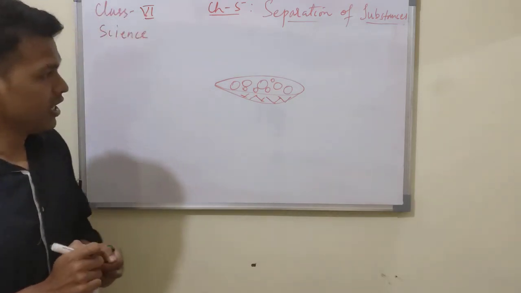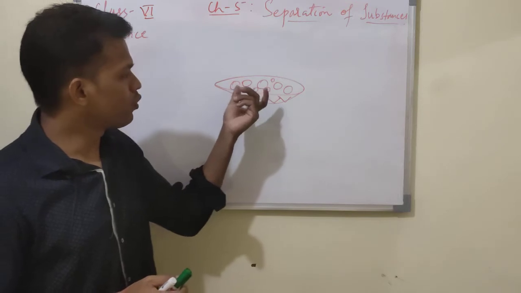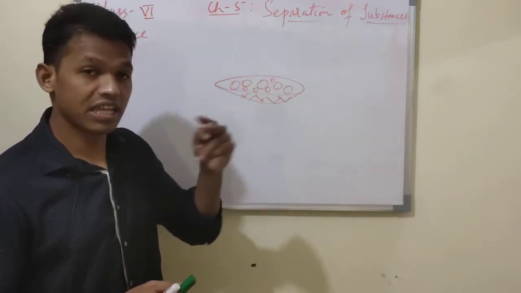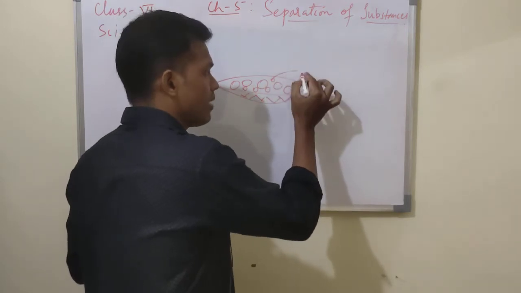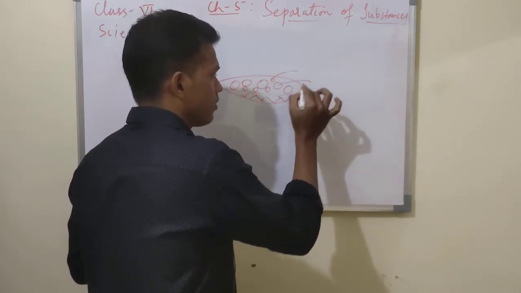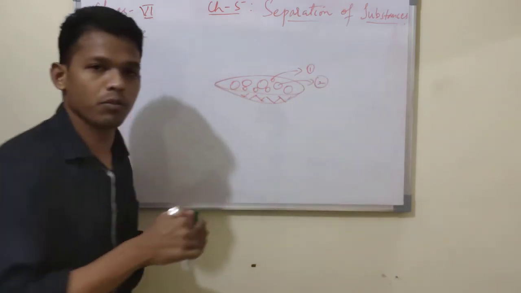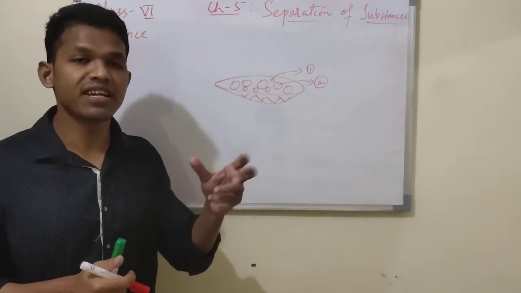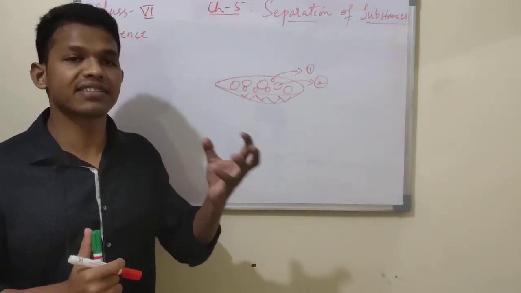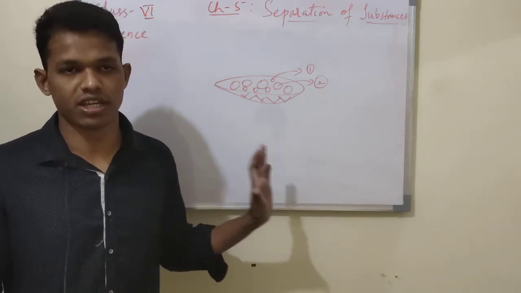I will tell you to separate the fruits in the basket. There are two types of fruits, one is mango, one is guava. Got it now? This is one, this is two. You separate them into separate baskets. Easily you can separate them because they are large in size.